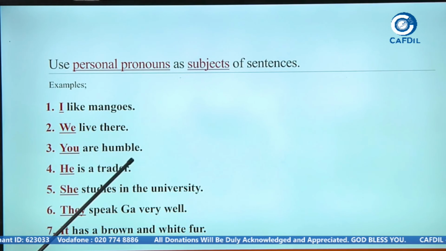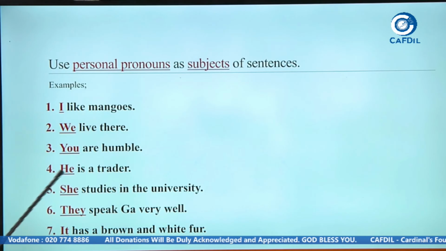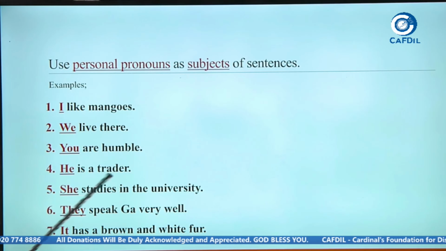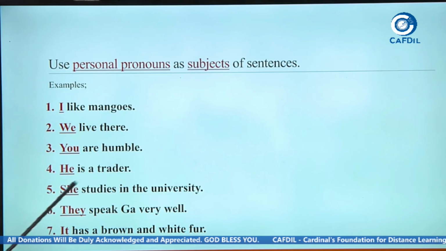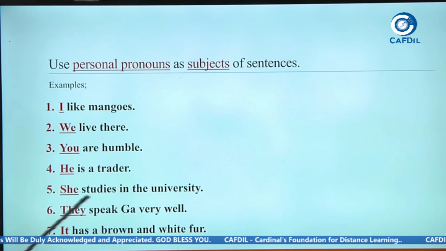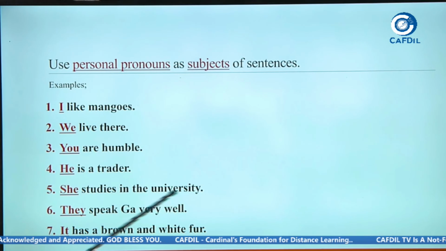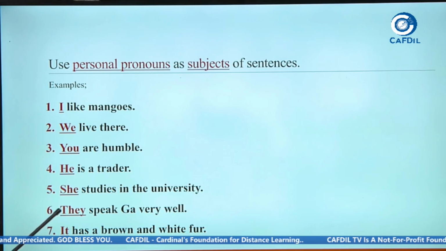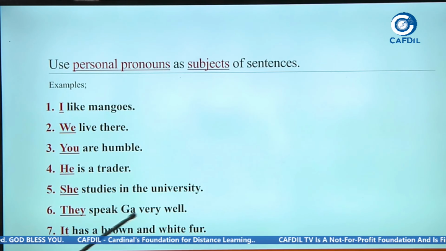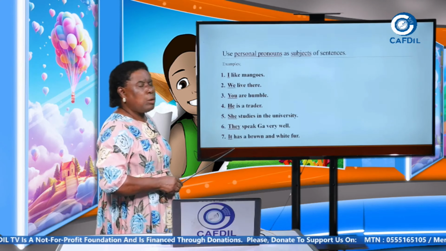You are humble. 4. He is a trader. 5. She studies in the university. 6. They speak Ga very well. 7. It has a brown and white fur. All these are subject pronouns, and they are personal pronouns.